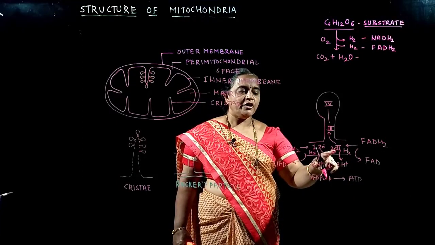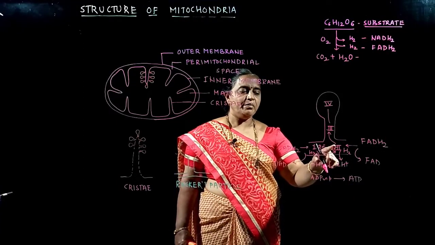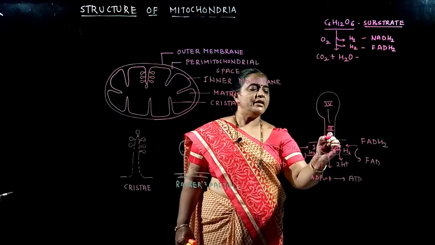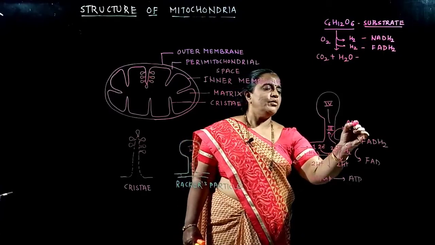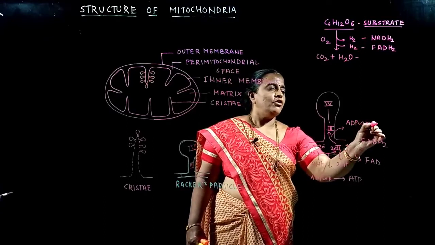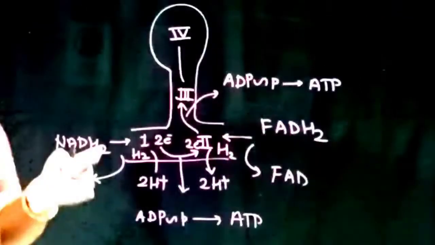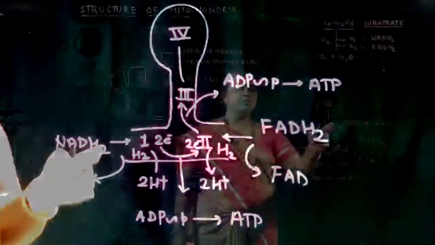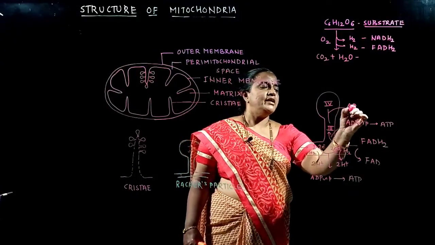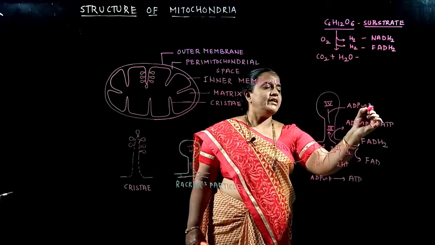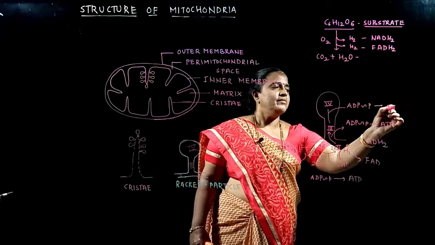Now the pair of electrons with complex 2 moving on to complex 3 again liberates energy. That energy is used by ADP, which undergoes phosphorylation to generate ATP. Now the electrons with complex 3 move to complex 4. Again energy is liberated, accepted by ADP reacting with phosphate to form ATP.